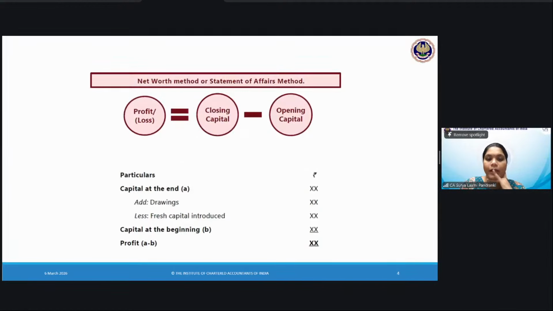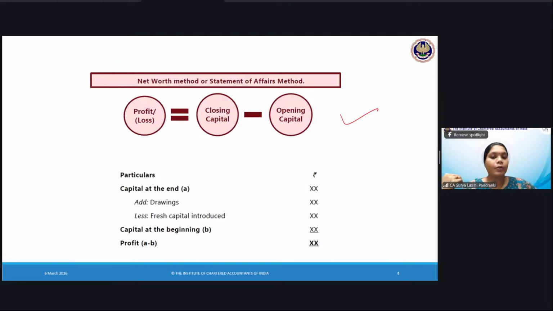Correct? Now, one such method is this net worth method. In this single entry system, how is the profit calculated? You can't prepare a P&L statement. Then how will you do this profit calculation? This is the way we calculate the profit, wherein we see what is the opening capital and what is the closing capital. Opening capital means when you started, what did you start with?